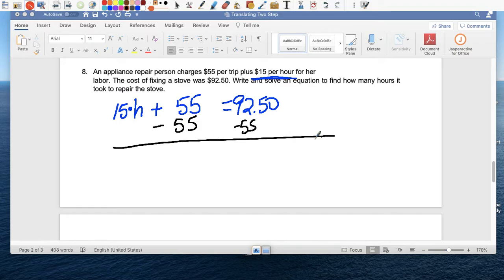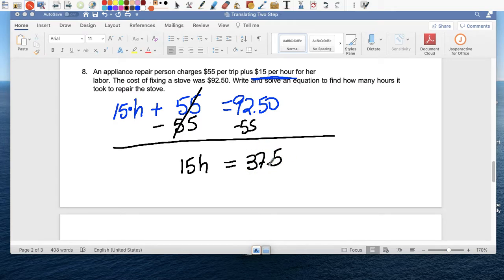Let's subtract. This goes away, 15H goes down, right? So $92.50 was the total. So if you take $55 out, you get $37.50.